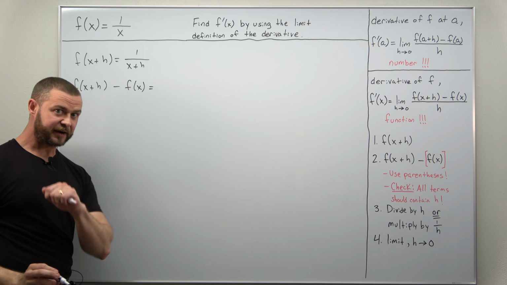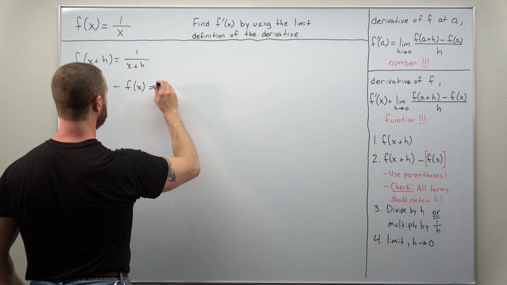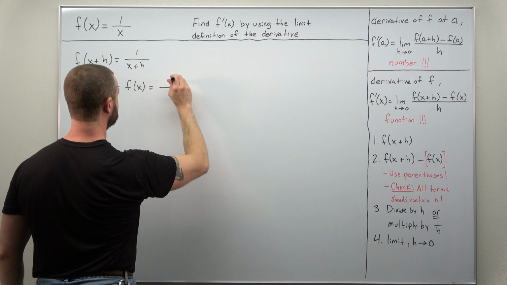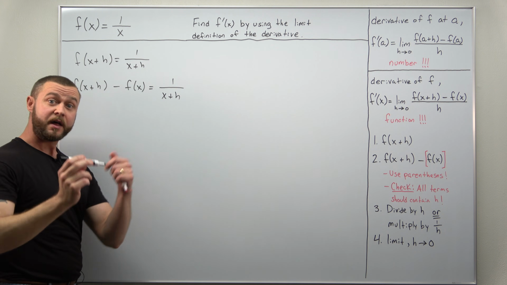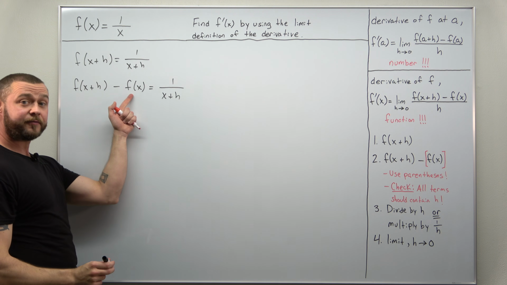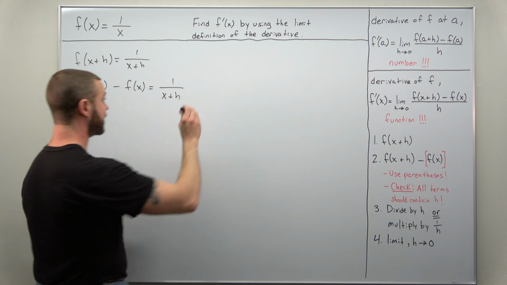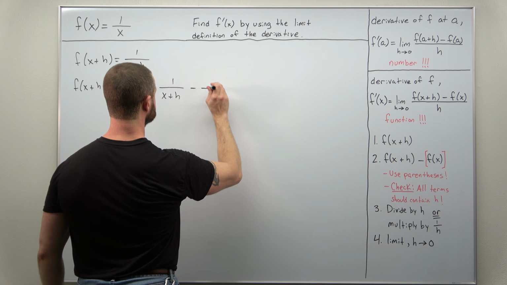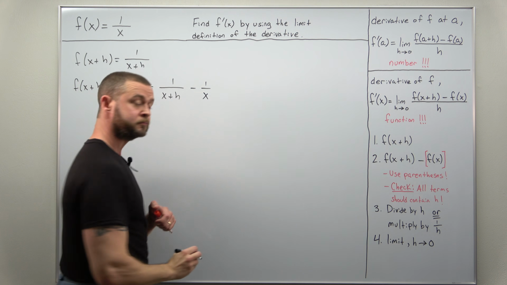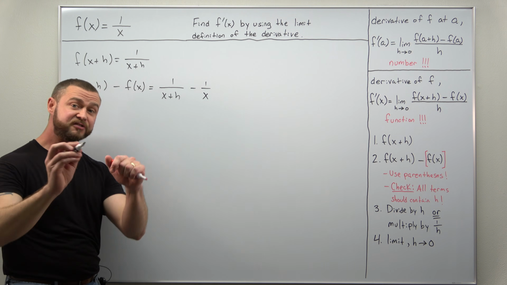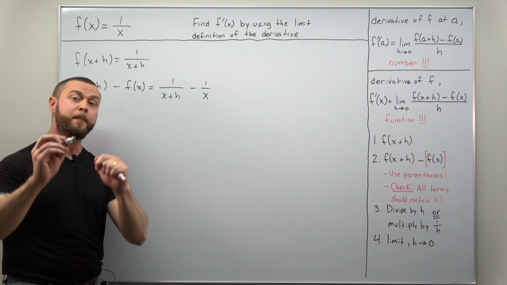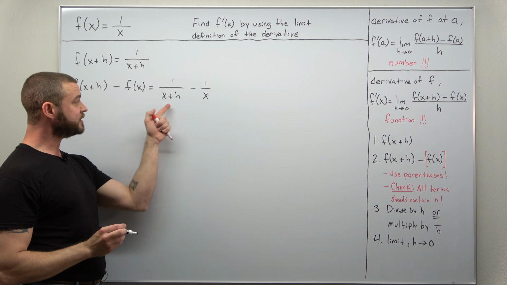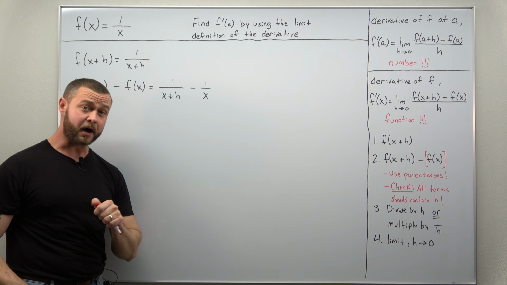All right, let's write everything down. So we have the first term, f of x plus h. That's 1 over x plus h. And from that, we're going to be subtracting f of x, which is just 1 over x. All right, and as written, there's really nothing to cancel out or combine, but we're going to notice we're subtracting fractions with different denominators.